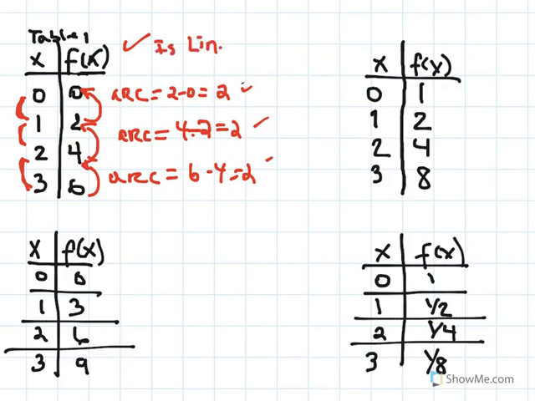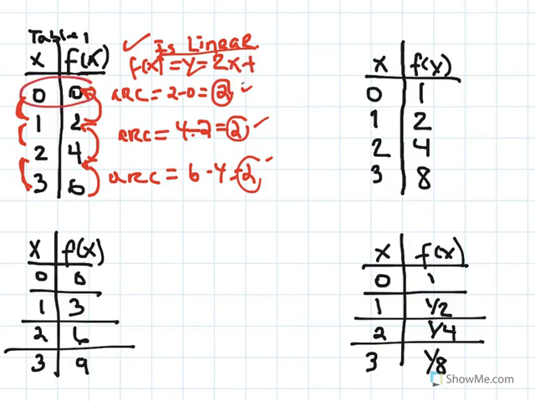and if somebody asks me to find the equation of this function, I would say that f of x, or y, is equal to mx plus b, right? m is the slope, so it will be 2x plus b, and b is equal to 0.